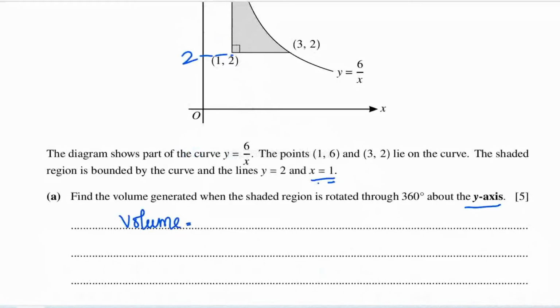And we know the volume formula is pi integral, here the limits are 2 to 6, and here we need to write what is x square, because this is the rotation about the y-axis. We have to write the x value. x is equal to 6 over y.